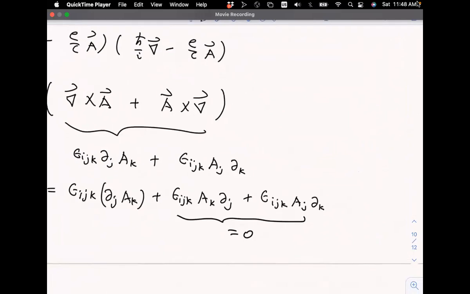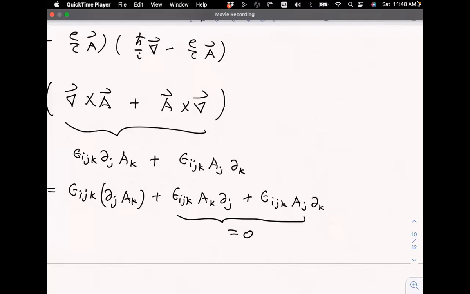Why? Because they are opposite. So this is KJ, this is JK. They have the same form, but they switch the index.